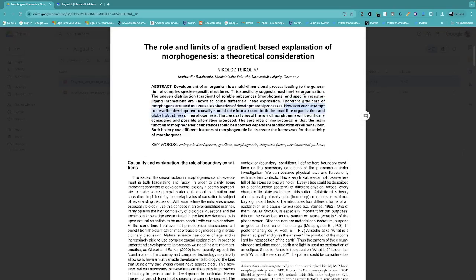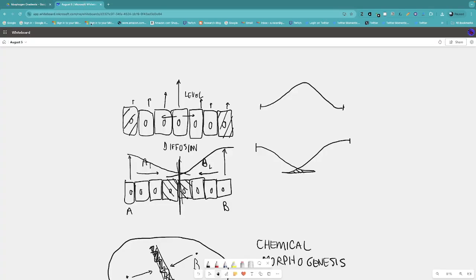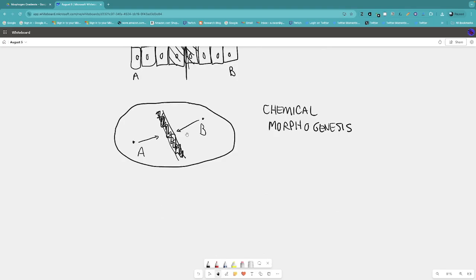However, each attempt to describe developmental causality should take into account both the local fine organization and the global robustness of morphogenesis. So this is where we have to consider both this local example of this gradient across, say, a sheet of epithelial cells, and this global relationship between gradients.